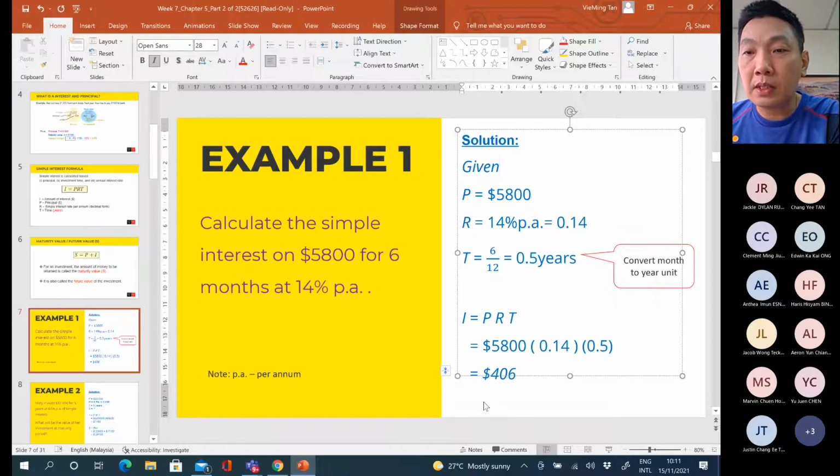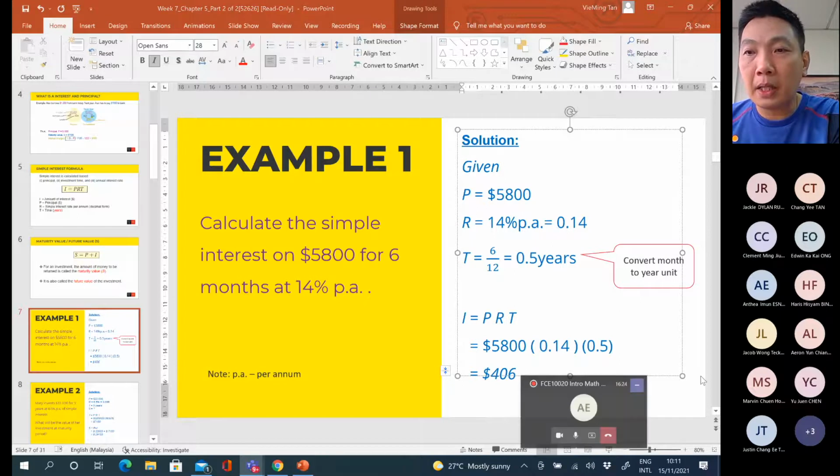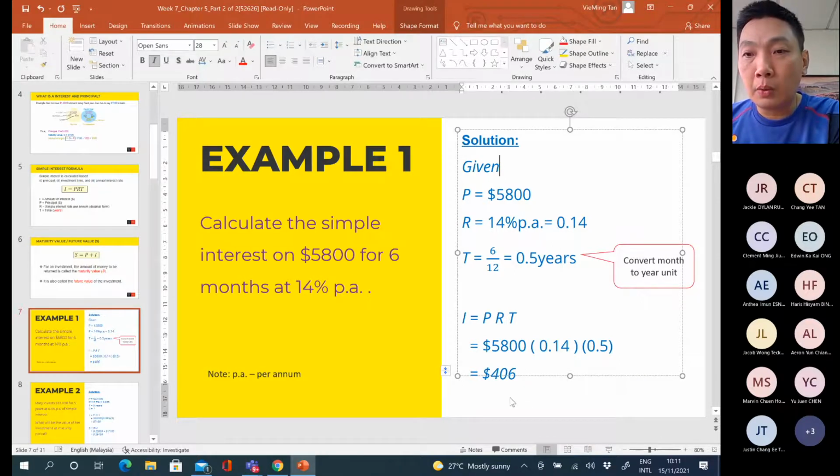Simplify, you get $406. So this is the interest charge for the investment of 6 months. This is the interest that has to be paid by the borrower at the end of the investment period, or maturity period, or borrowing period.